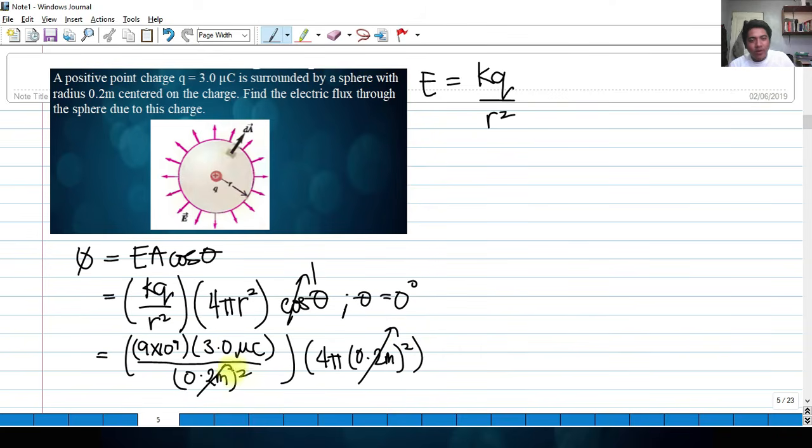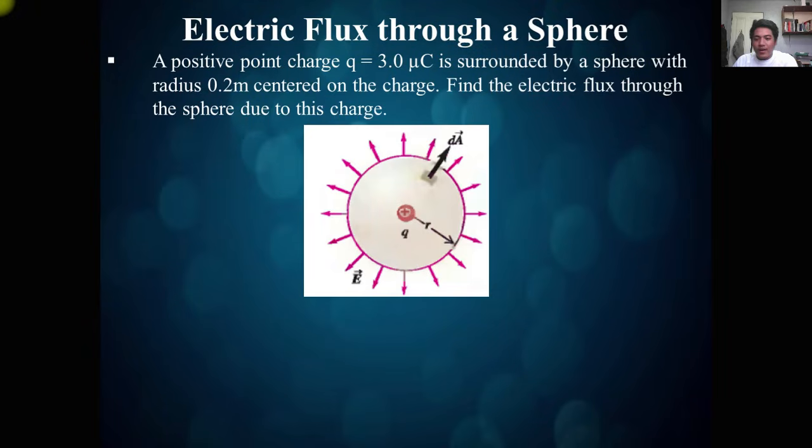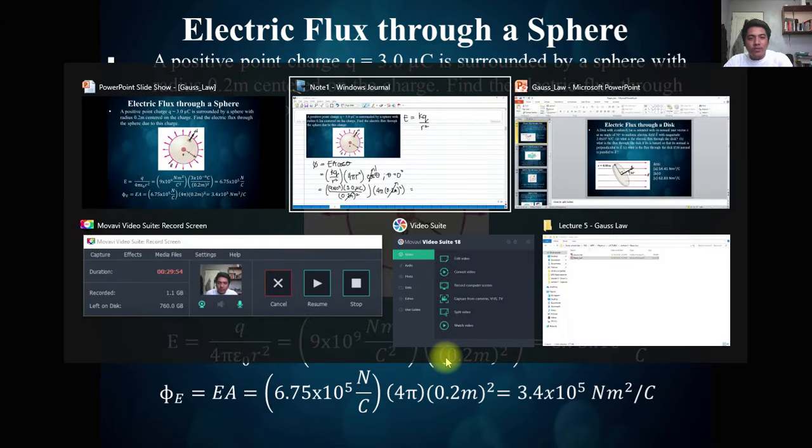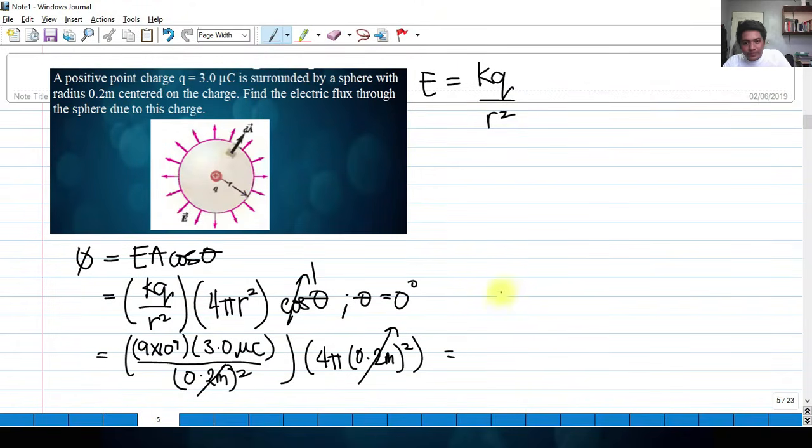Our calculation reduces to 4 pi times 9 times 10 raised to 9 times 3.0 microcoulombs. And our answer should be 3.4 times 10 raised to 5 newton meter squared per coulomb.